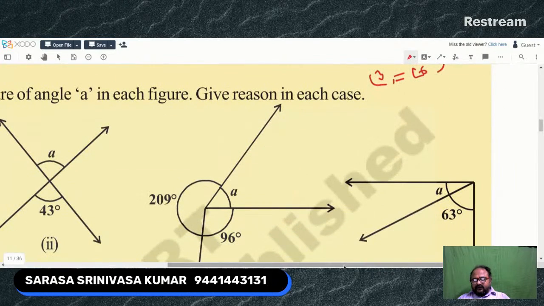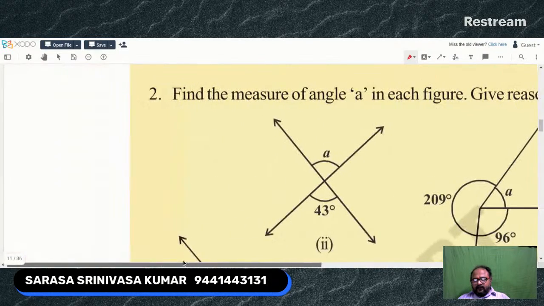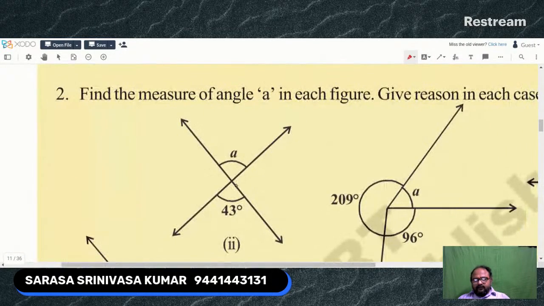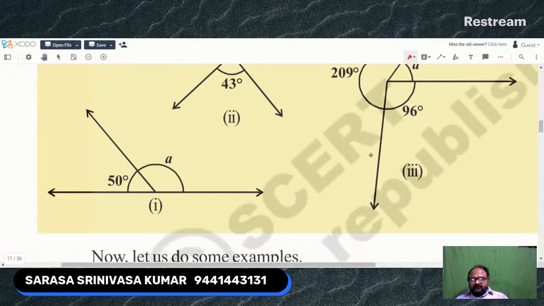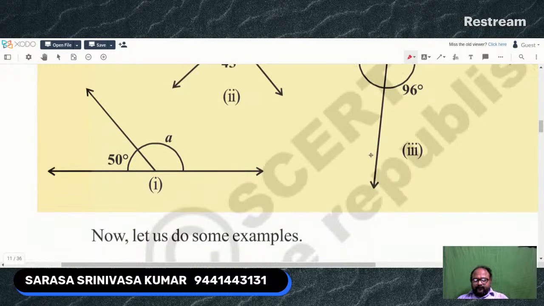Now let us consider another problem. Let us consider the first diagram. Here 50 degrees and A. These two are a linear pair of angles. How can you say that these two are a linear pair of angles?